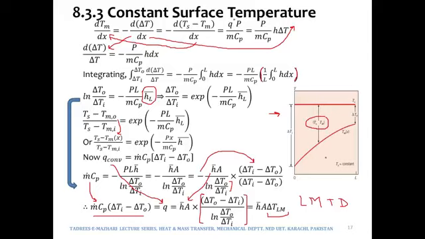So in order to take into account this non-linearity in delta T between Ts and Tm, we do not use simply Ts minus Tm or delta T at exit minus delta T at inlet. Rather we take into account this logarithmic change in temperature, which we call log mean temperature difference.